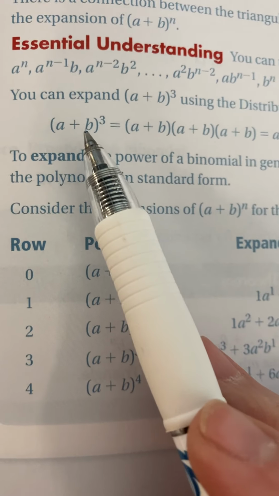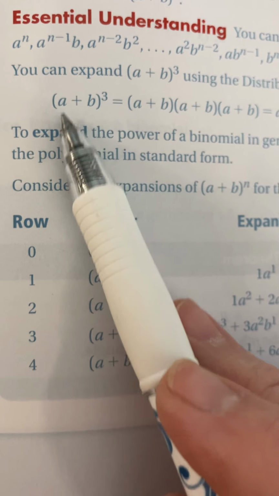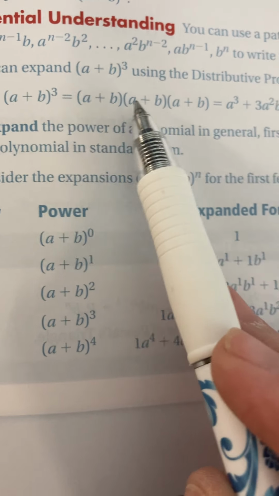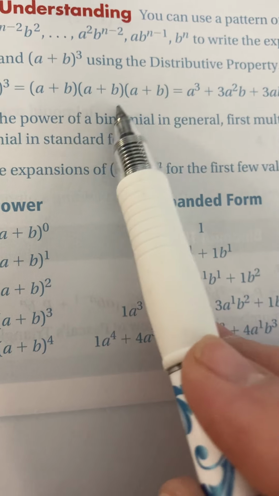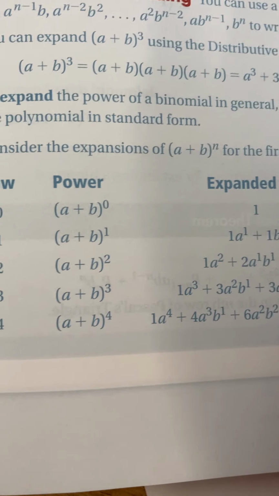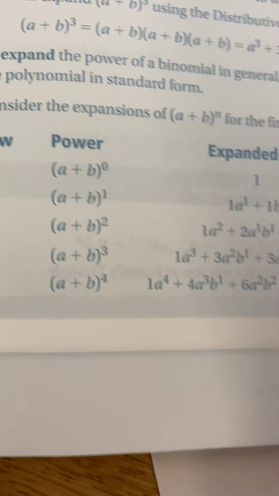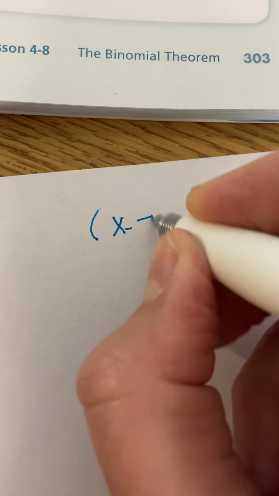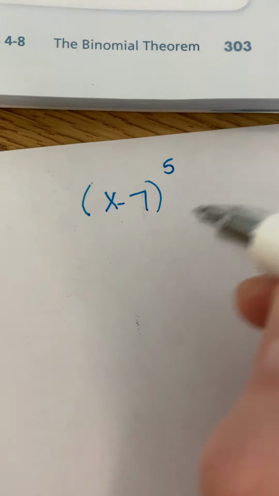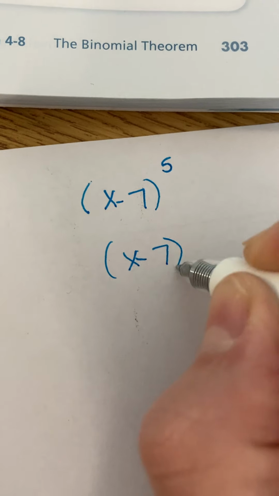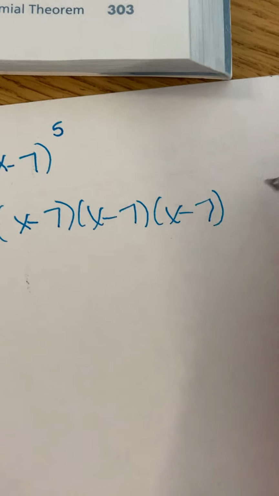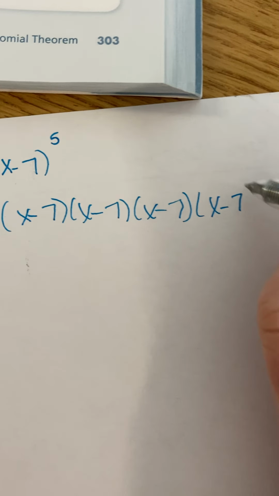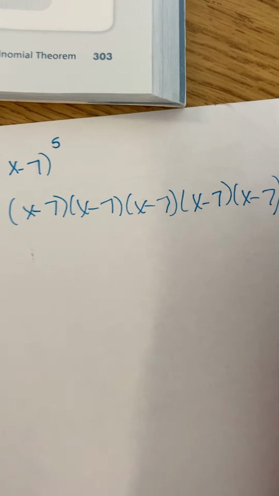What they're telling you here is if you have a binomial and you're cubing it, you have to write it out 3 times. You FOIL this, then whatever you get from that answer, you FOIL to this one, and it can be a lengthy process. Like if I have x minus 7 to the 5th power, what that really means is I need to take x minus 7 times x minus 7 times x minus 7 times x minus 7 times x minus 7, and I need to do that 5 times.